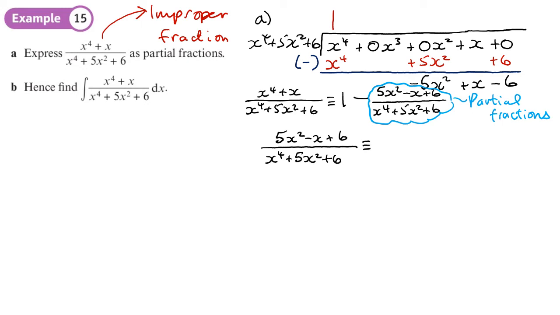equivalent to, right, now I need to factorise the bottom. That factorises to x squared plus 3 and x squared plus 2. So that is what I want written as a over.